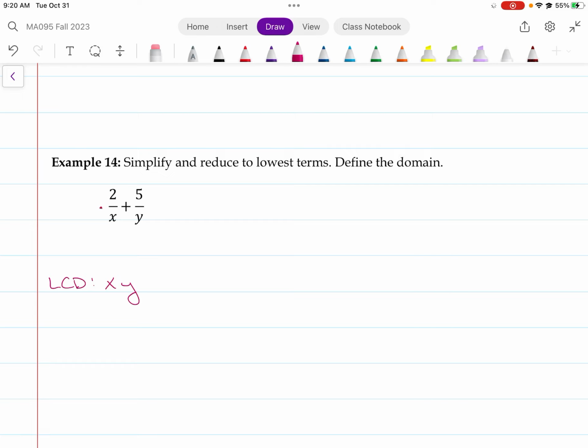So how would I get xy on both of these? I'm going to multiply the first one by y over y and the second one by x over x. On the first one, I get 2y over xy, putting it in alphabetical order, plus, on the second one, 5x over xy.